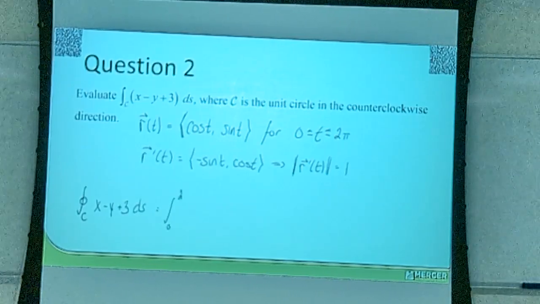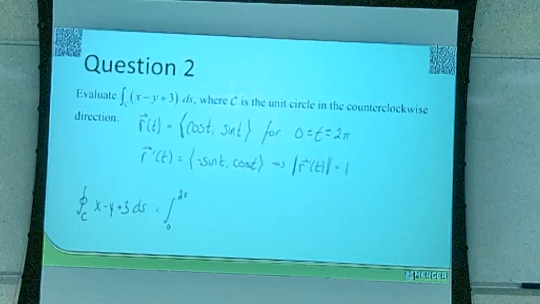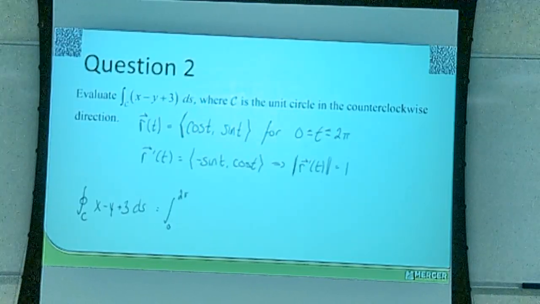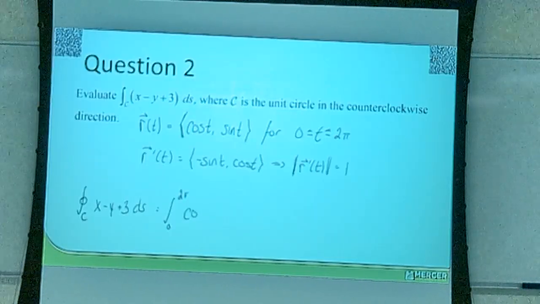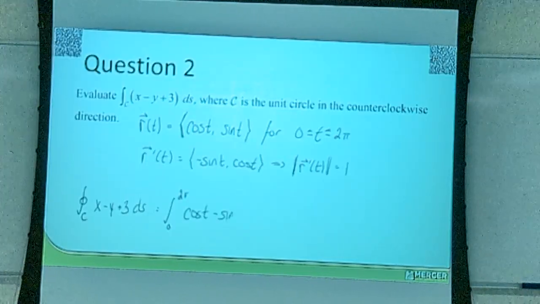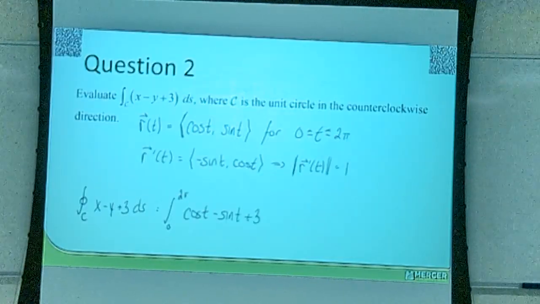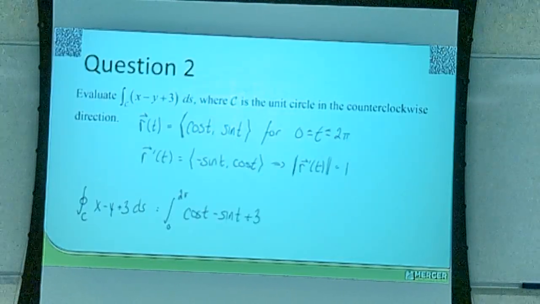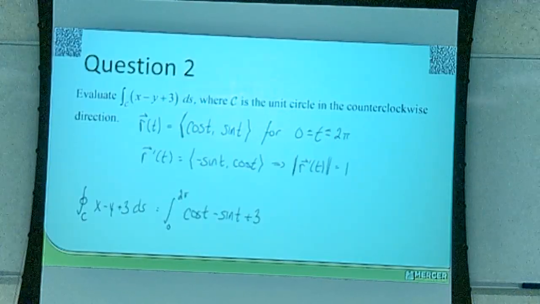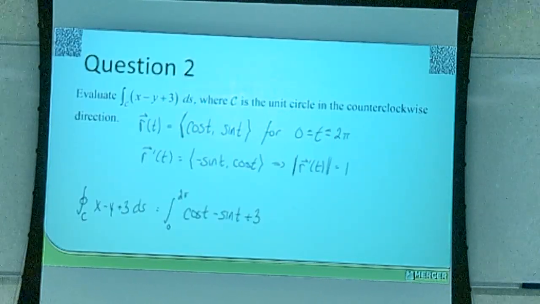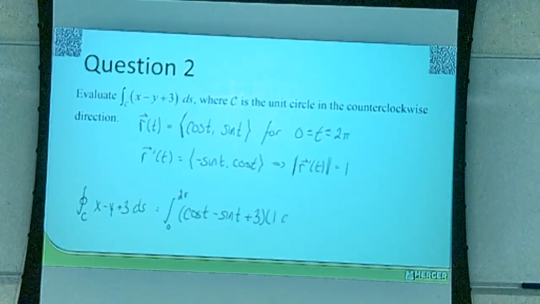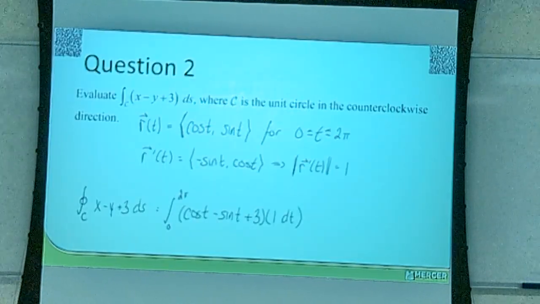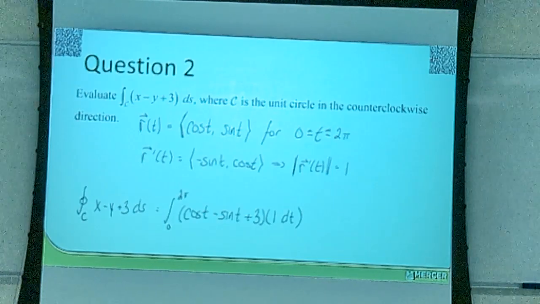Integrating from 0 to 2 pi, x minus y plus 3 evaluated along the curve, times the magnitude of r prime dt.